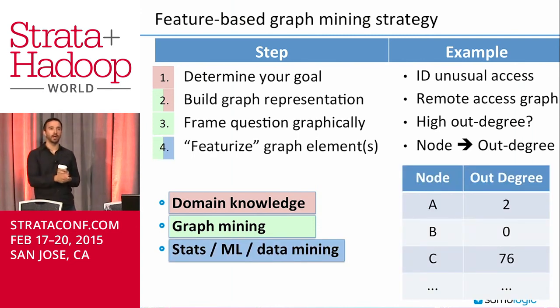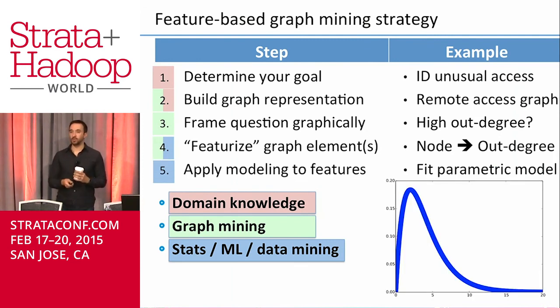Next, featurize that. So take that graph characteristic, that property of a graphical element that you were interested in, and represent it as a nice numerical vector that is suitable for treatment by machine learning and statistical methods by a wide pool of experts in that kind of thing. And so this is a mix of knowing your graph, knowing what's reasonable, and knowing a little bit about the machine learning model you want to throw it into.